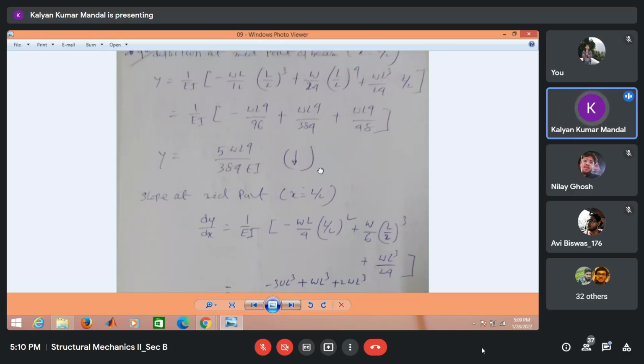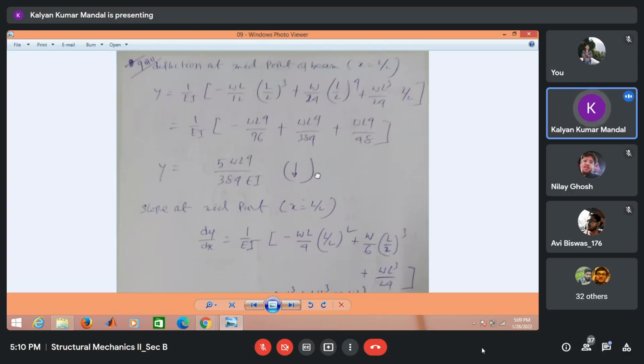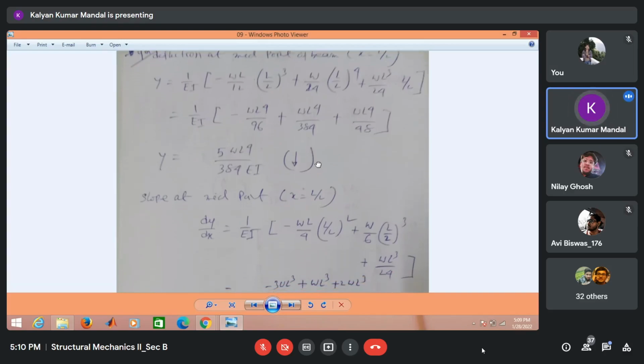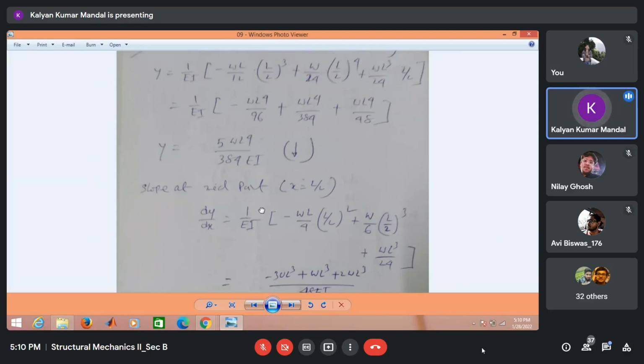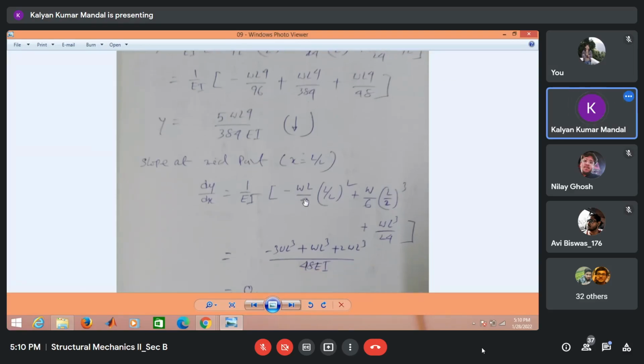Similarly, at the midpoint, the value of slope can be obtained if we replace x by L by 2 in the equation for the slope, that is dy/dx is equal to 1 by EI times minus wL divided by 4 times L by 2 squared plus w divided by 6 times L by 2 whole cubed plus wL cubed by 24.